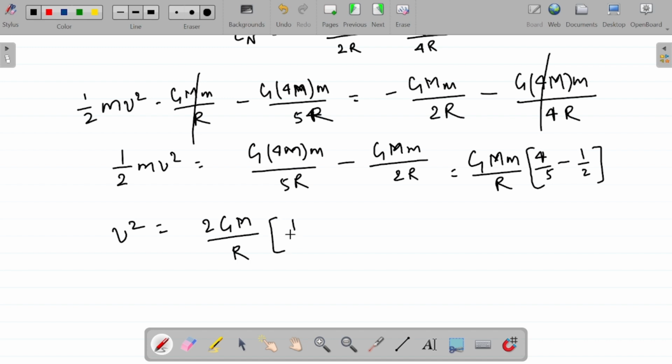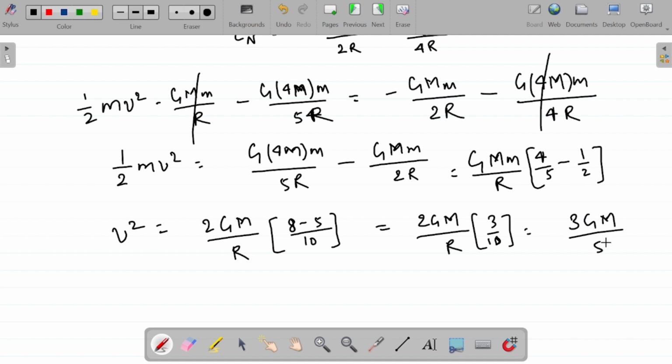So this will be 4 by 5 minus 1 by 2, we can say 8 minus 5 over 10, and then we will have 2GM by r times 3 by 10, and ultimately we can write it as 3GM by 5r.